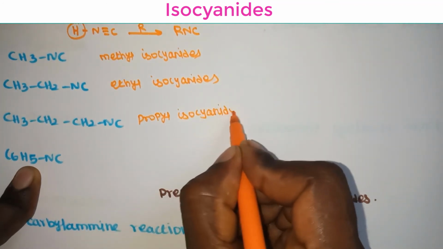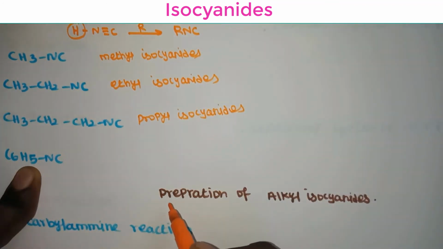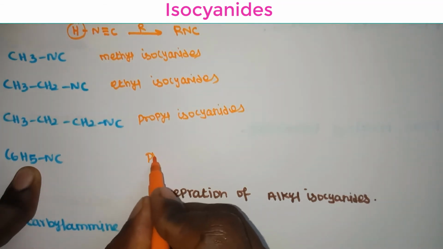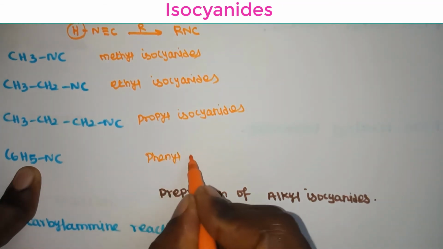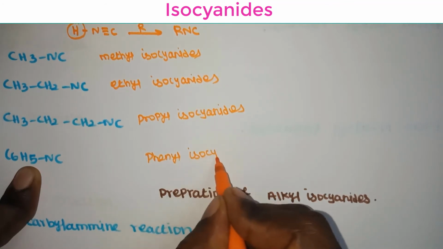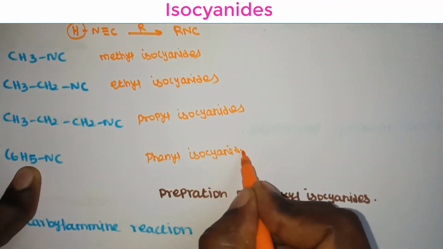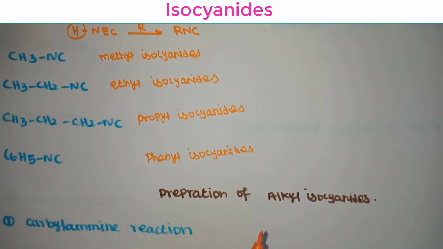C6H5NC is phenyl isocyanide. Next one is IUPAC naming.